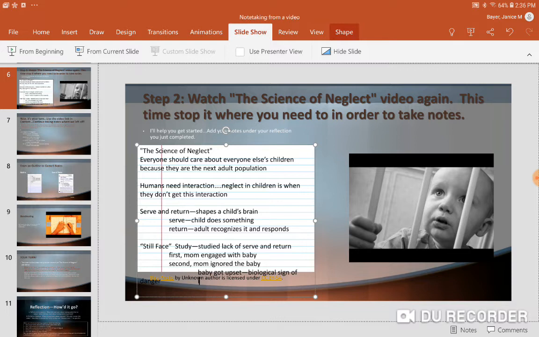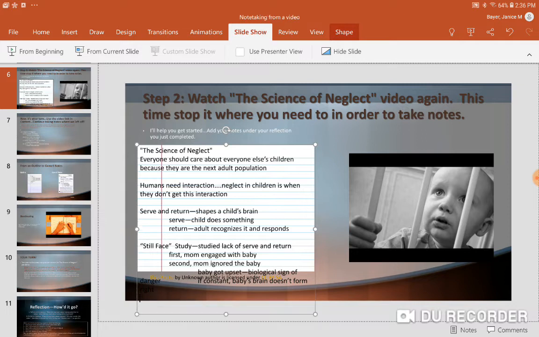So if that is constant, then the baby's brain doesn't form right. You saw those neurons and those synapses, and all of a sudden they kind of died and shriveled away, and that's going to change the way the entire baby's brain is.